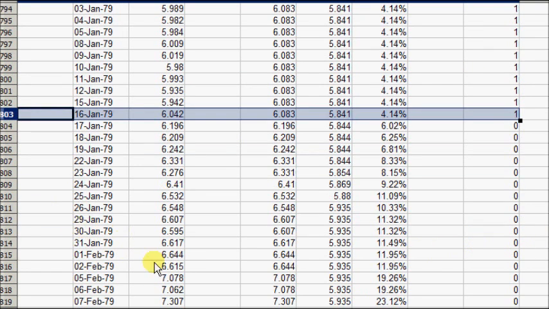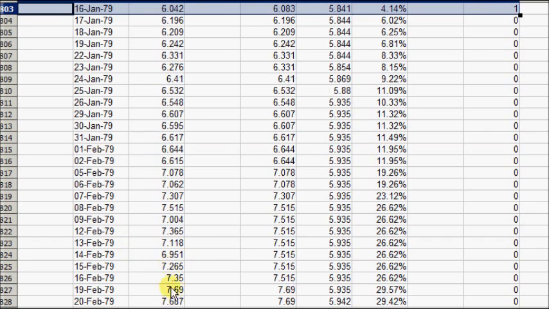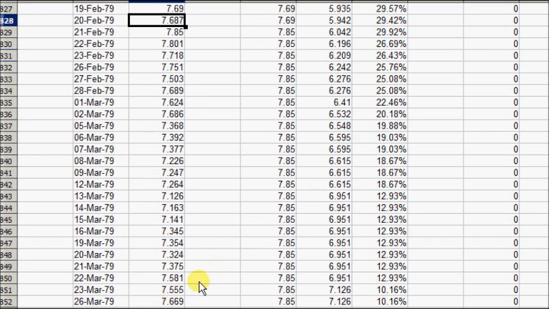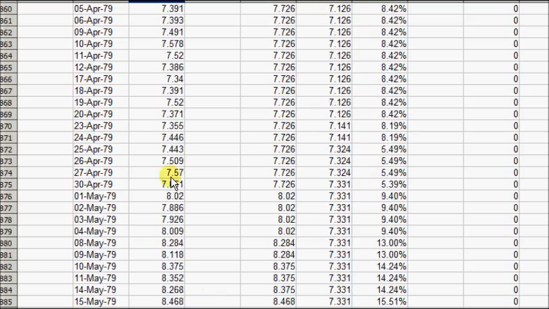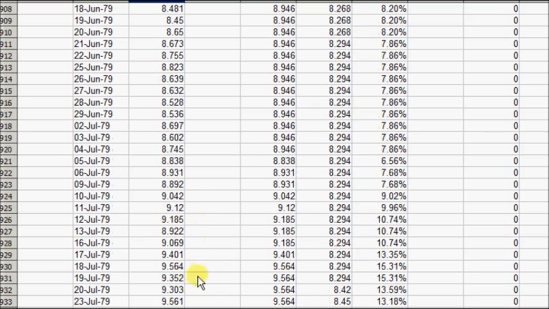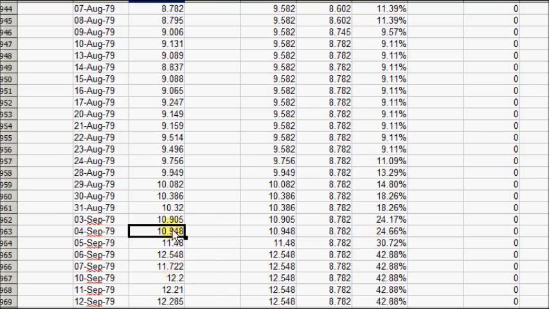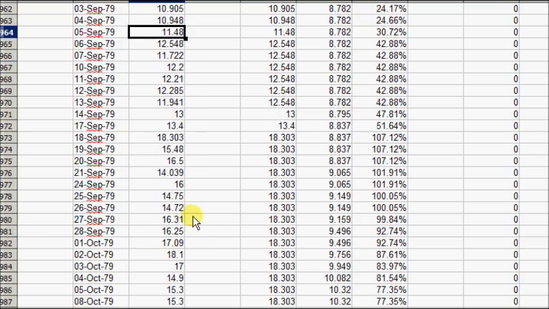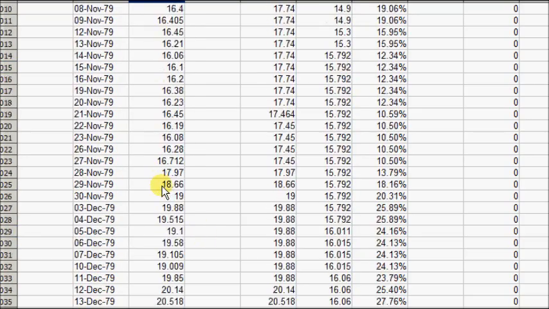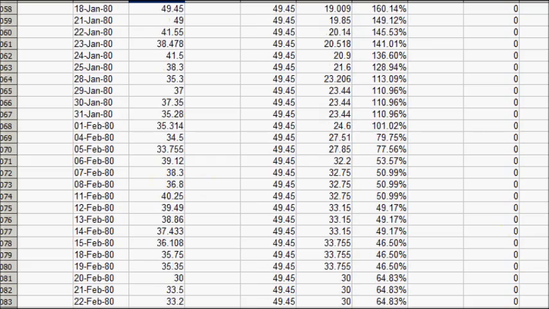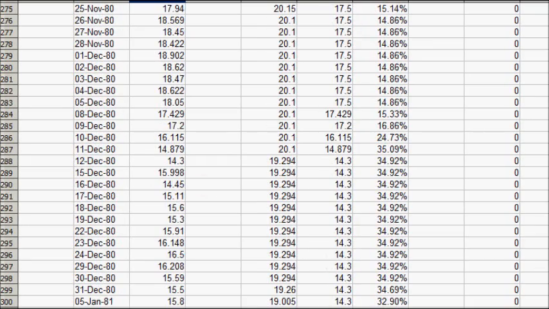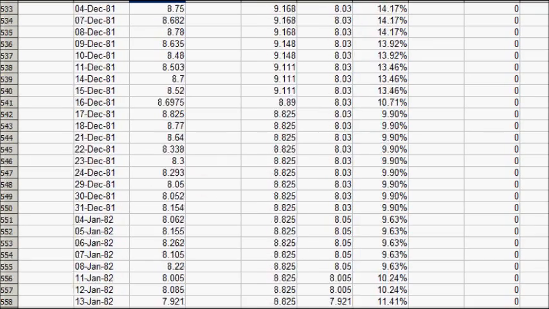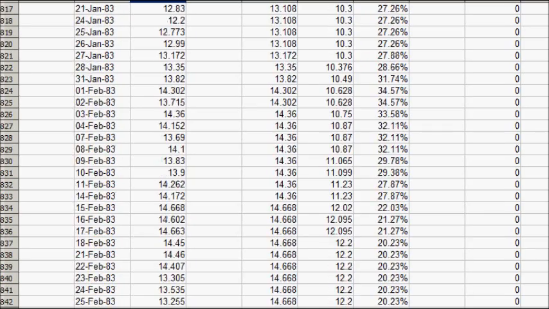And this one didn't take long before it went up. You go to 750. And then next thing you know, you break 8. Then you break 9. Then you break 10, 11, and 12. Then you break 18, and so on and so forth. And volatility didn't get low again until 1985.